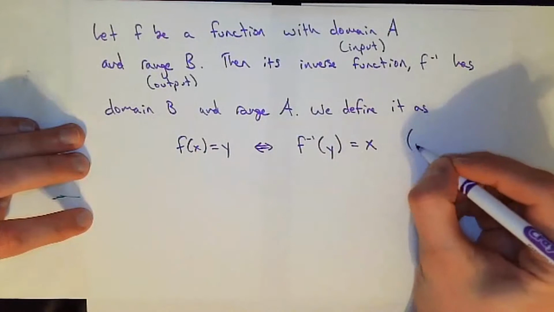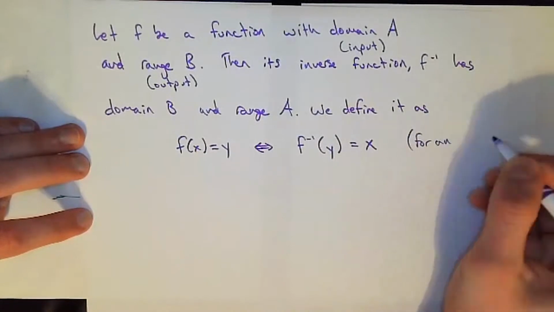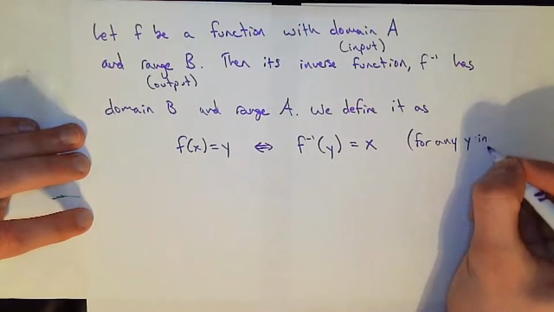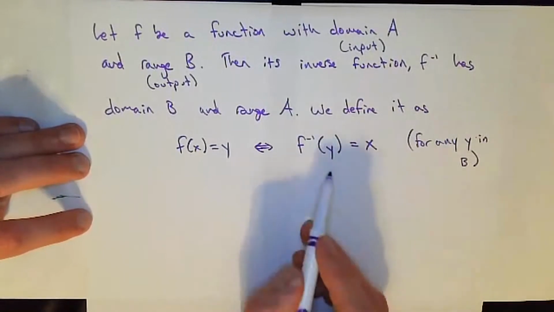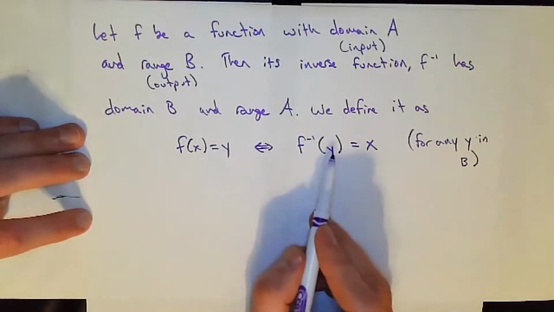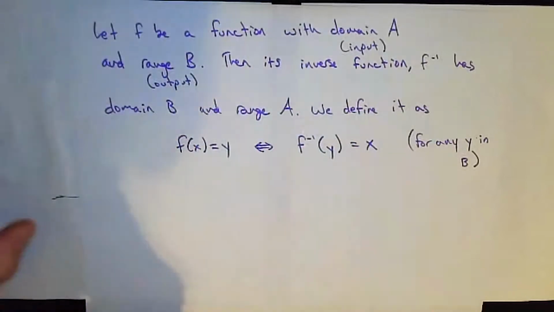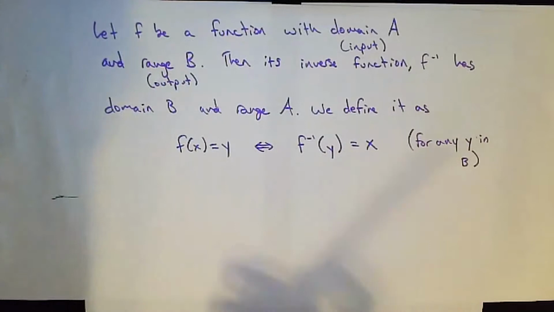Technically this is only for any y in B, so the input of your inverse function has to be in that range. We get into a little bit of weirdness there. I don't want to talk too much about this.